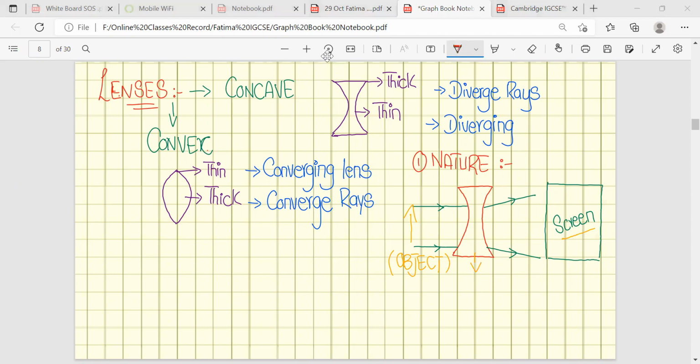Yes. So this means that the first nature of image is virtual. Virtual means that you have to observe the image of the object from this point. This is our eye level.